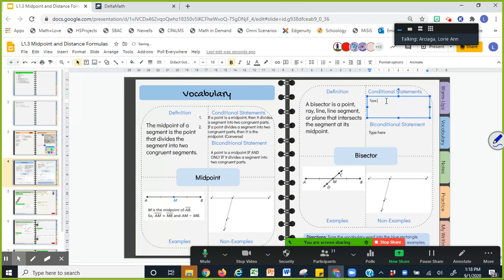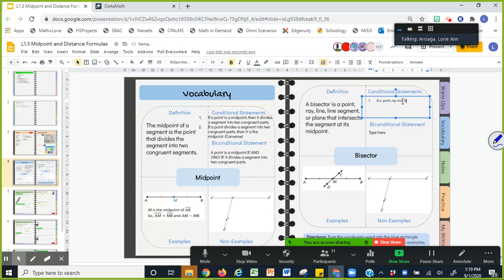So let's write again that definition that Matthew read for us in conditional form. And again, feel free to resize your text boxes. So if a point, ray, you can just put etc., but you know what I mean, right? I'm trying to copy everything over there.